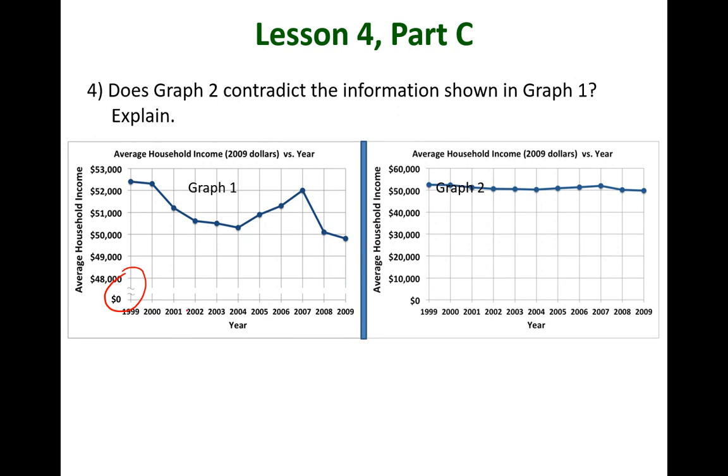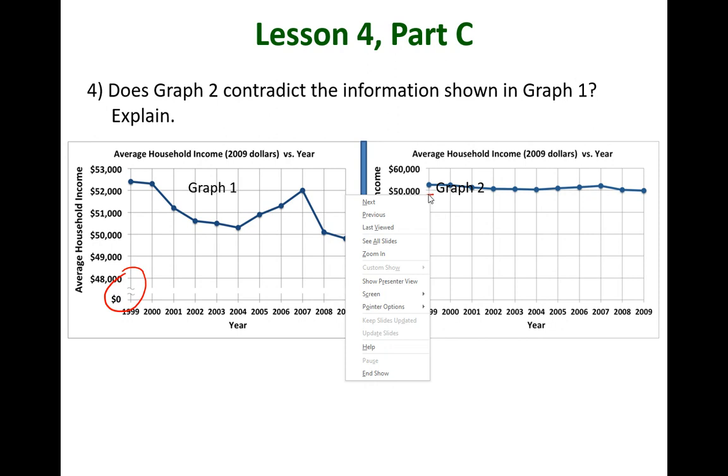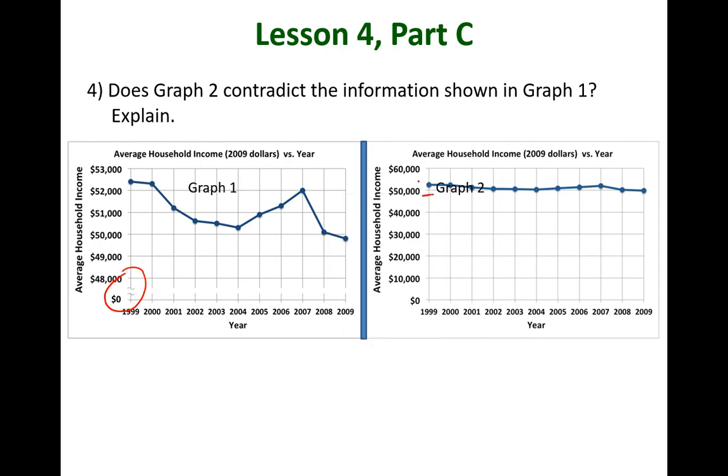If we go here, the graph 1 started right about here. Sorry. So graph 1 only went from 48,000 to 53. Well, 53 would be about right here. It's like they took that part of the graph from here to here, and they blew it up great big.